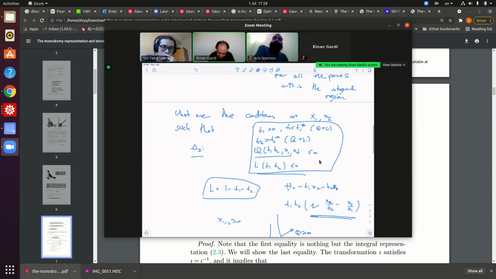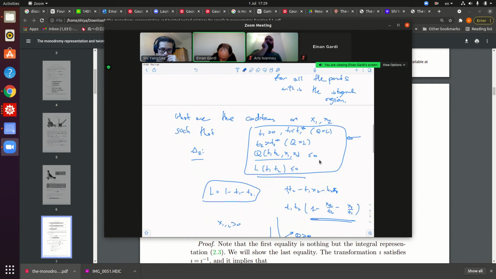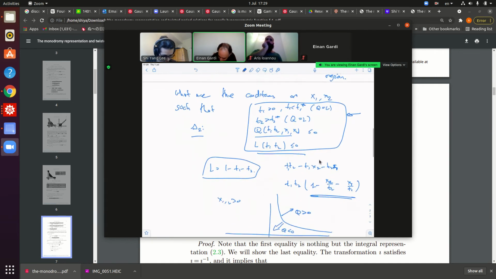So the algebraic equation that we have to solve is what are the conditions on x1 and x2 such that within this entire region that I denoted here, all of the factors have the same sign, and I think this is, let's see, the only tricky thing is Q, right?